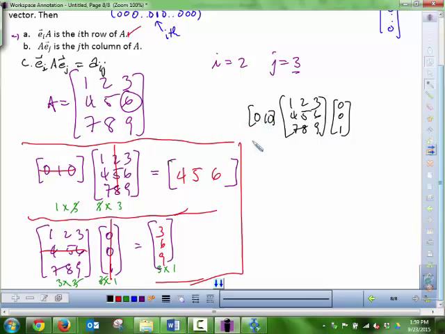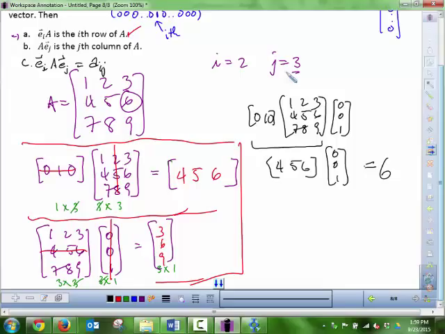If I do the first multiplication, I know that that's 4, 5, 6 because I already did that. And then I do my second multiplication, I get 0, 0, and 6. And that's my 2, 3 element in my matrix. So you can extract it by doing matrix multiplication.